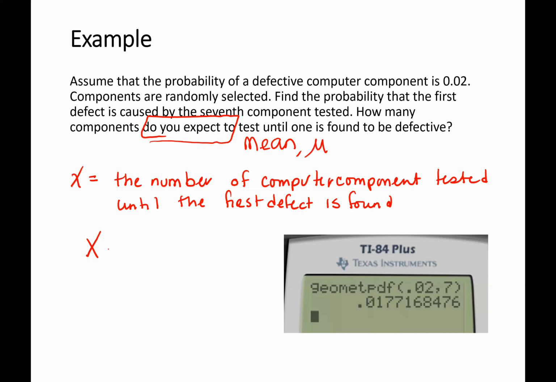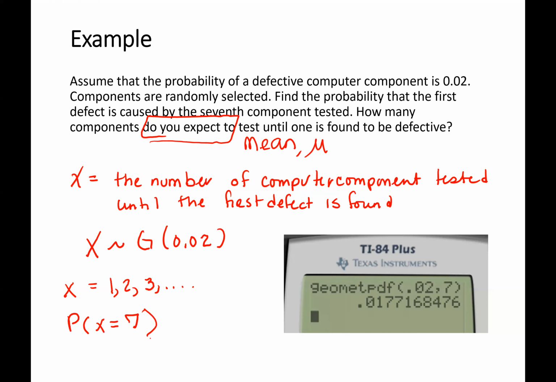So this is a geometric distribution, and the probability of a success, the probability that a component is defective, is 0.02. So our random variable could take on values of 1 or 2 or 3, etc. And we're looking for the probability that X equals 7.